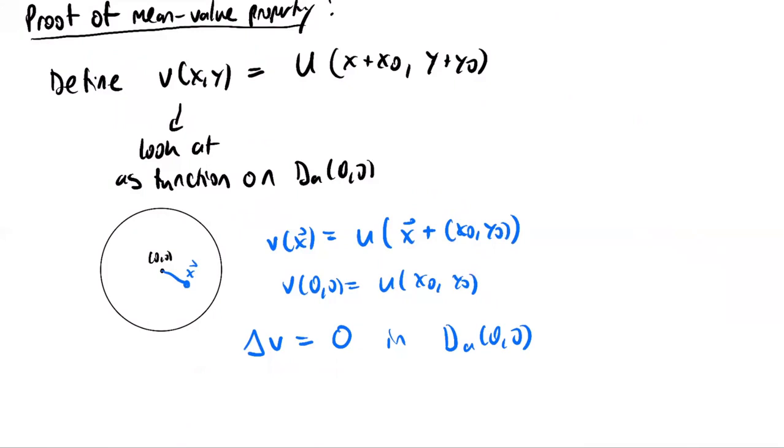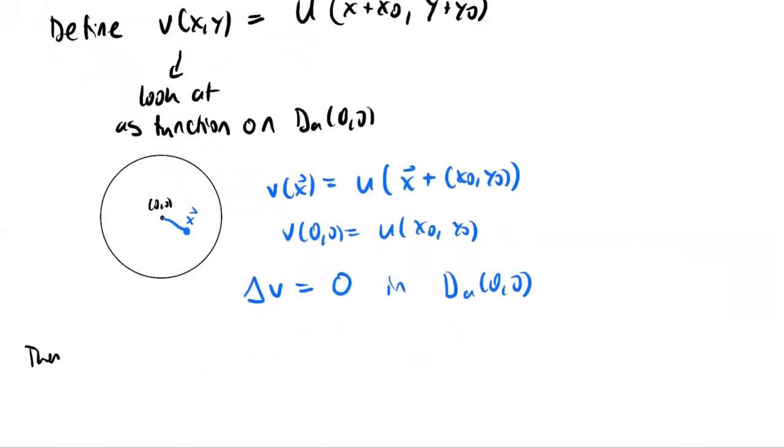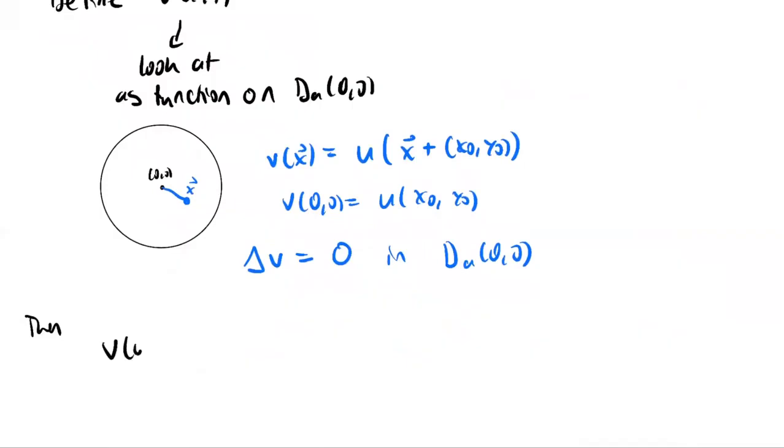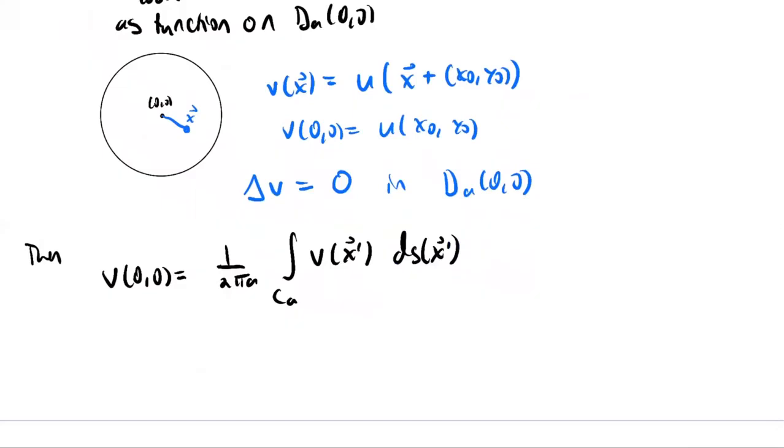But if this is the case, then we already saw that v of 0, 0 is equal to 1 over 2 pi a times the line integral on C_a of v of x prime. Now let's evaluate this in terms of u. v of 0, 0 we just saw is equal to u of x naught, y naught, because this is what happens if I replace x by 0 here.